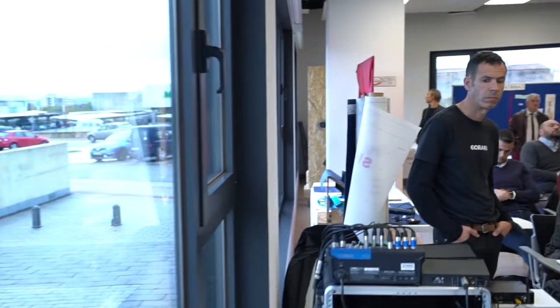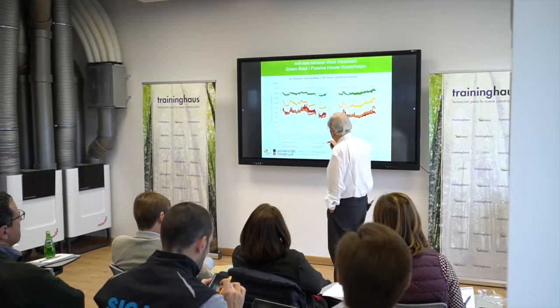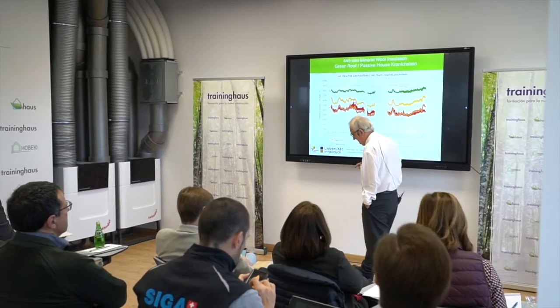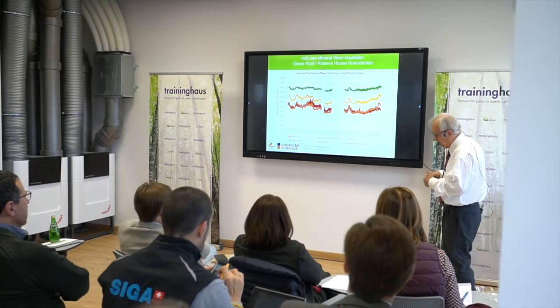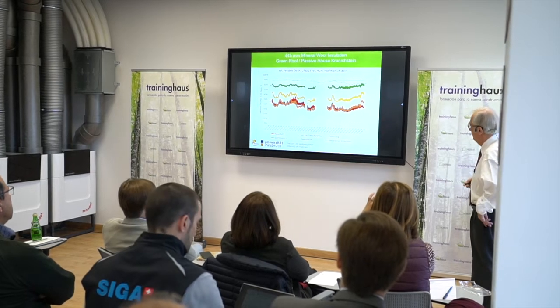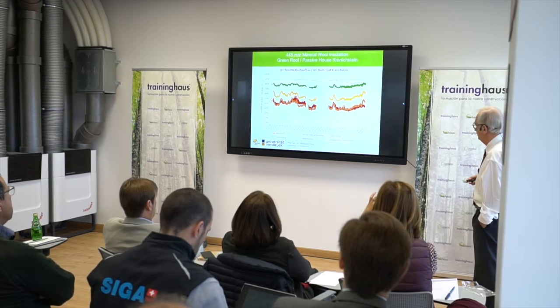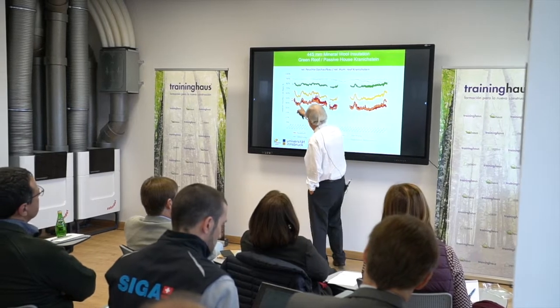So now let's have a look at these measurements. What you see here is relative humidities. Again, relative humidities. This is a measure for how far apart from condensation risks we are in this construction. And what you see, these are the internal relative humidities.